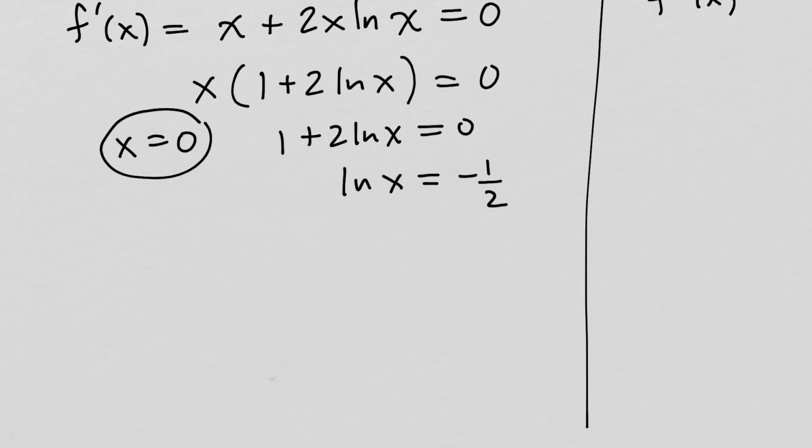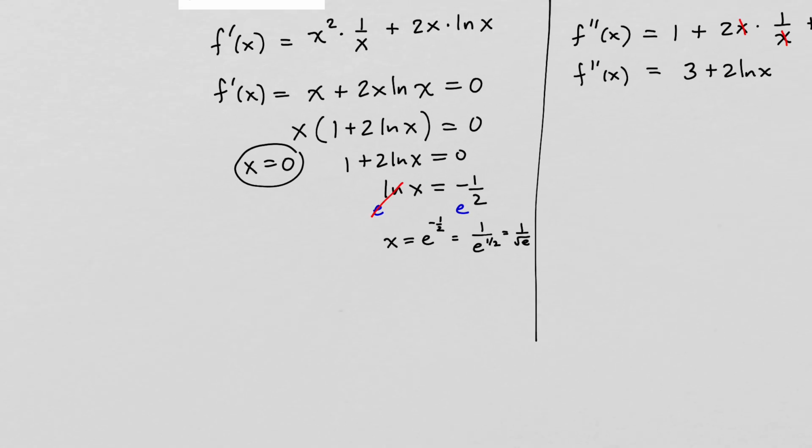So I'm just subtracting 1 and then dividing by 2 there. And then we know that e to the natural log of x would have to be equal to e to the negative 1/2. These cancel out, and so we get x is equal to e to the negative 1/2, or 1 over e to the 1/2, which you can also write as 1 over the square root of e.